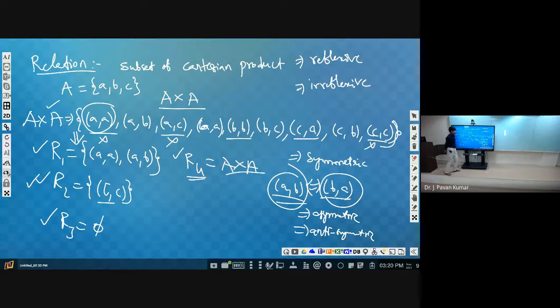Now, a relation satisfies reflexive, symmetric and, of course, transitive. What is meant by transitive? If (A, B) is there and (B, C) is there, then (A, C) should be present in the relation. That is transitive.